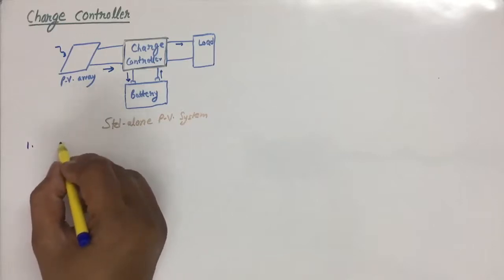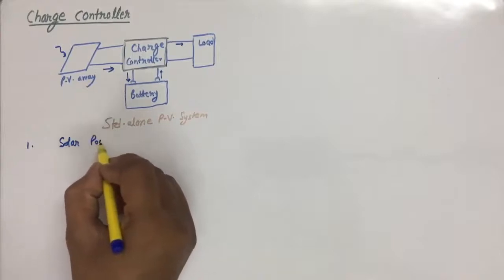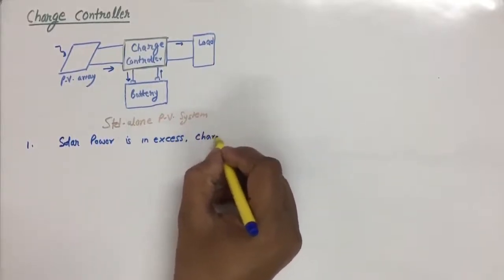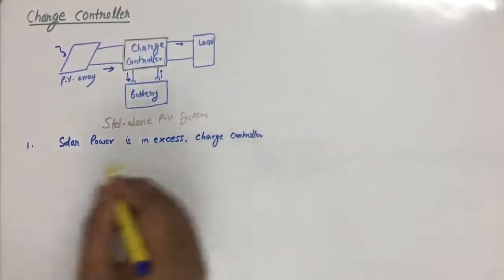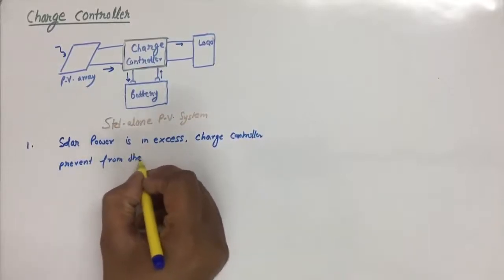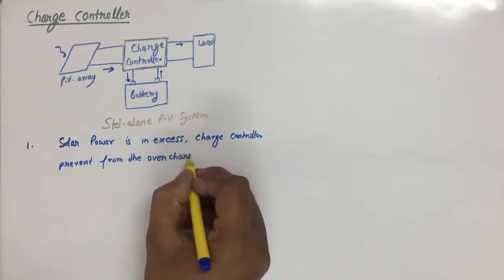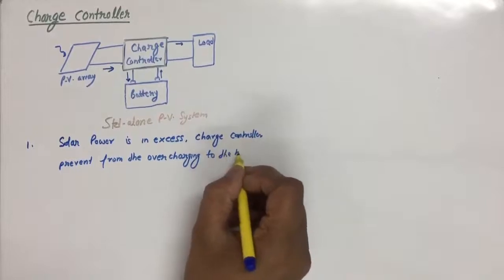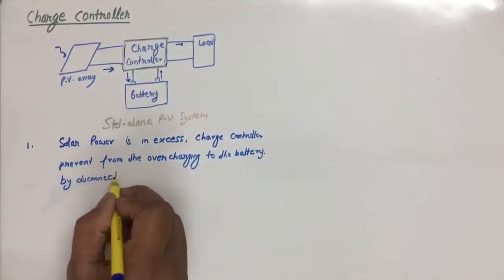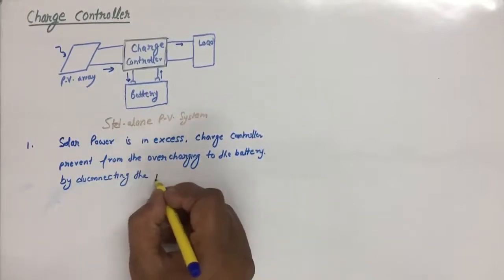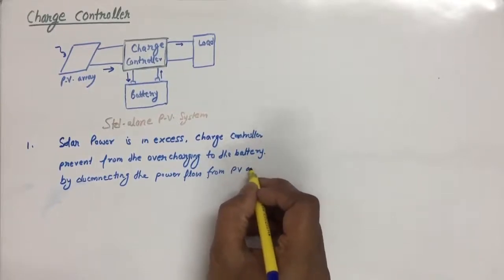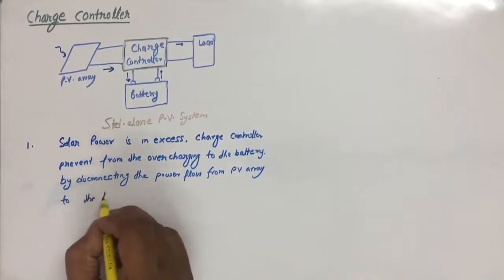First, when solar power is in excess, the charge controller prevents overcharging of the battery by disconnecting the power flow from the PV array to the battery.